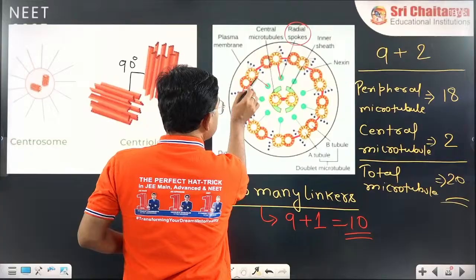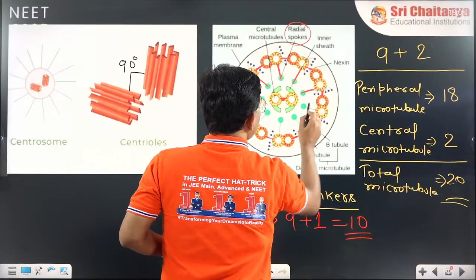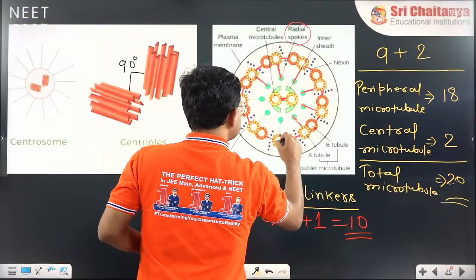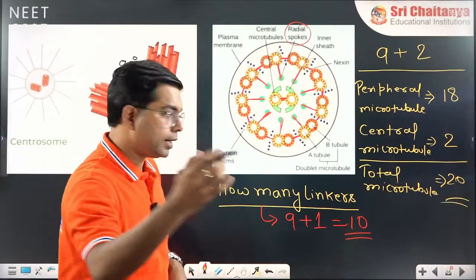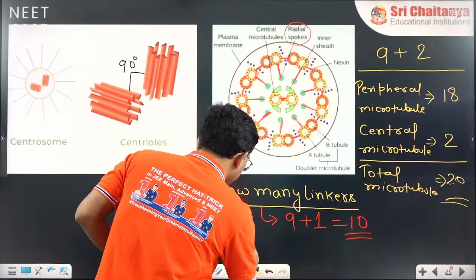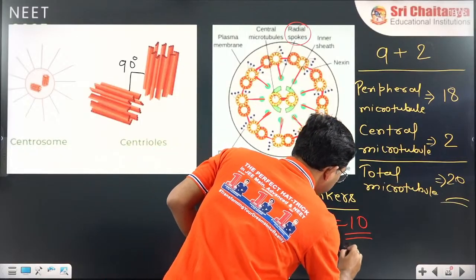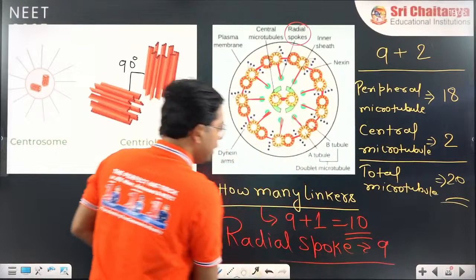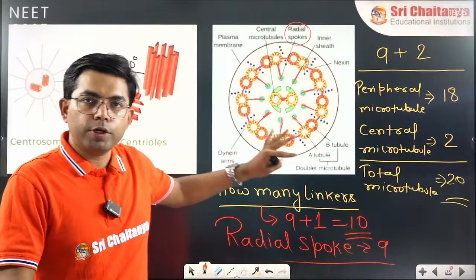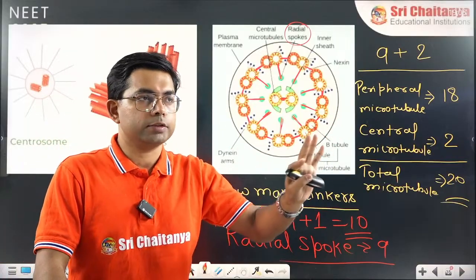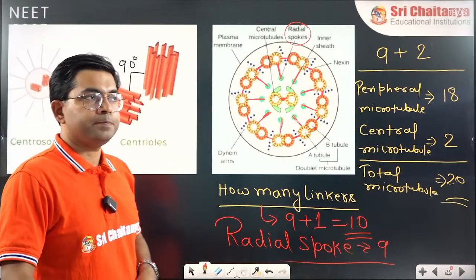If we mark it, see, 1 radial spoke, 2, 3, 4, 5, 6, 7, 8 and 9. 9 doublets, 9 radial spokes. So the number of radial spokes is 9, right? So this is all about the axoneme, which is the 9+2 arrangement. All questions can be answered if you keep these things in mind.